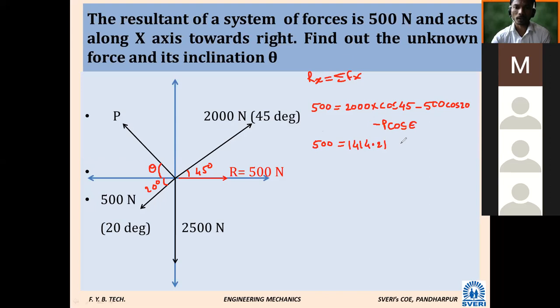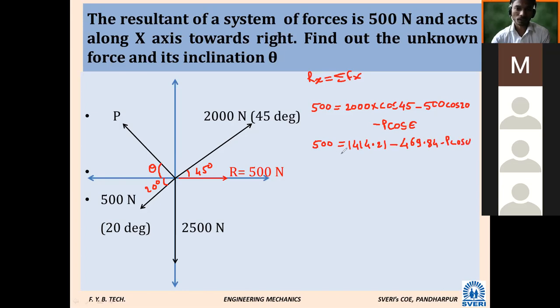Next, 500 cos 20. 500 into cos 20 is 469.84, minus P cos theta.